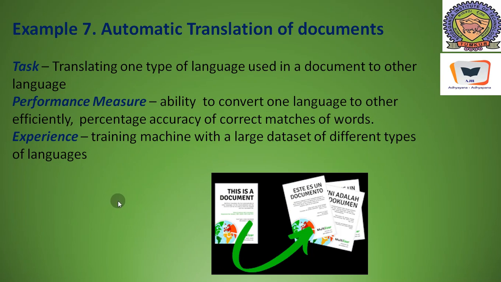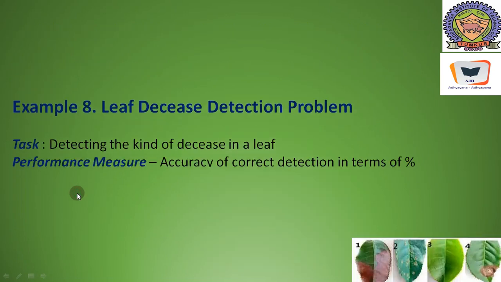All these problems have been ventured, and successful machine learning exercises have already been done. Performance measure here is the ability to convert one language to another efficiently, and the percentage accuracy of correct matches of words. Experience is training the machine with a large data set of different languages.